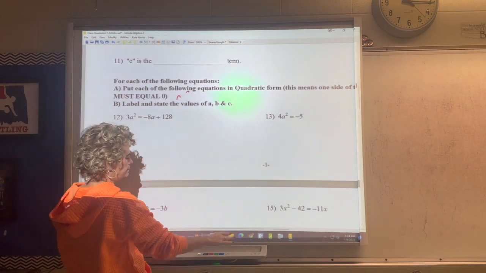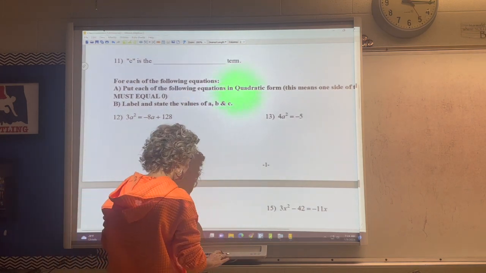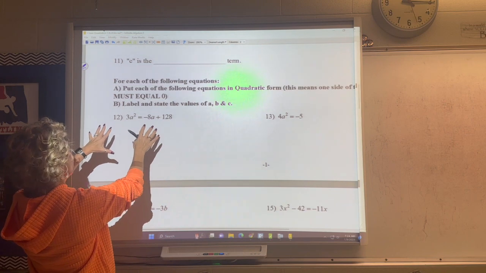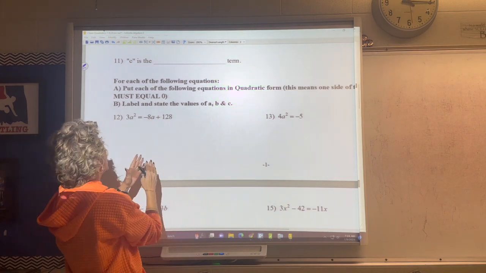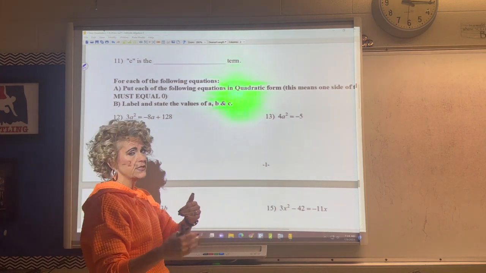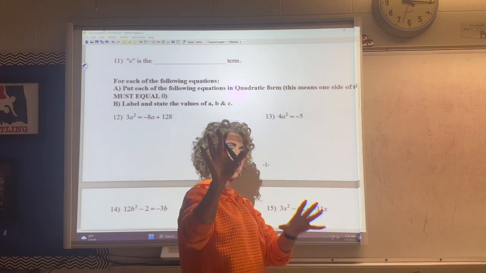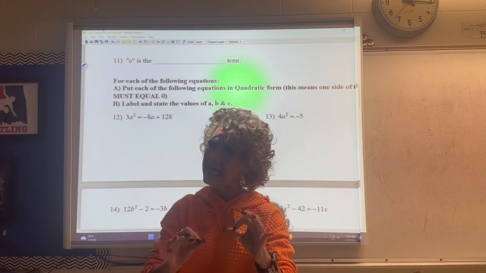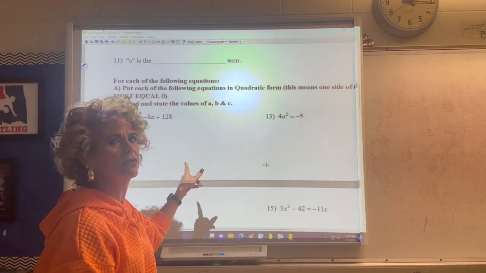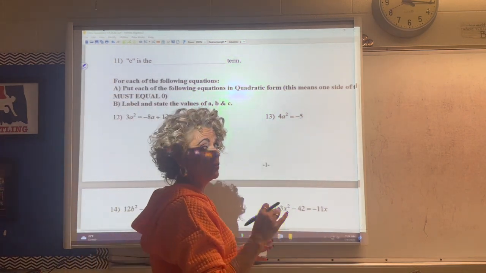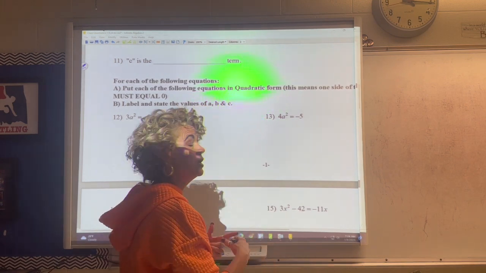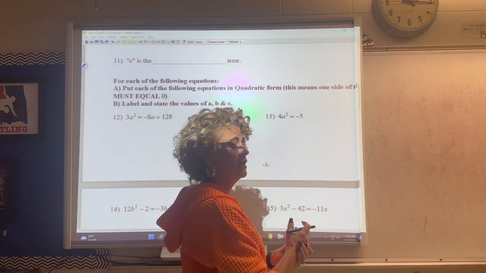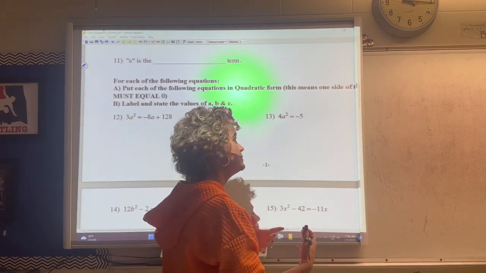Like right here, okay, just like yesterday, we are going to get one side equal to 0. Now, I told you, and I want to emphasize, whenever you have to manipulate any quadratic equation, you always want to try to work where the coefficient of your quadratic term is positive.